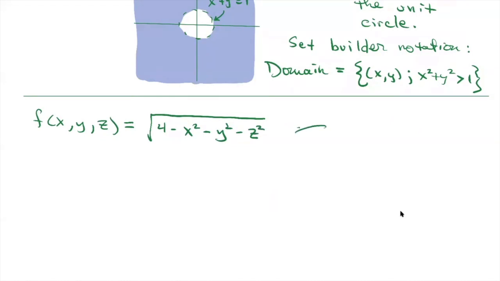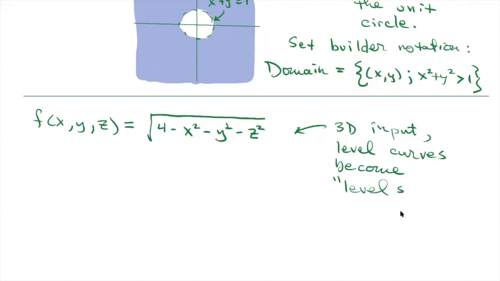So with a 3-dimensional input, that means that level curves become level surfaces. And I don't even know what that means, but we just say level surfaces to sort of remind you of level curves. But they aren't level.